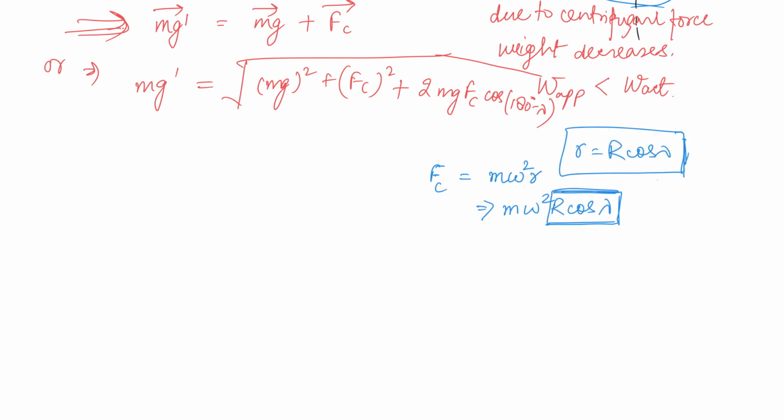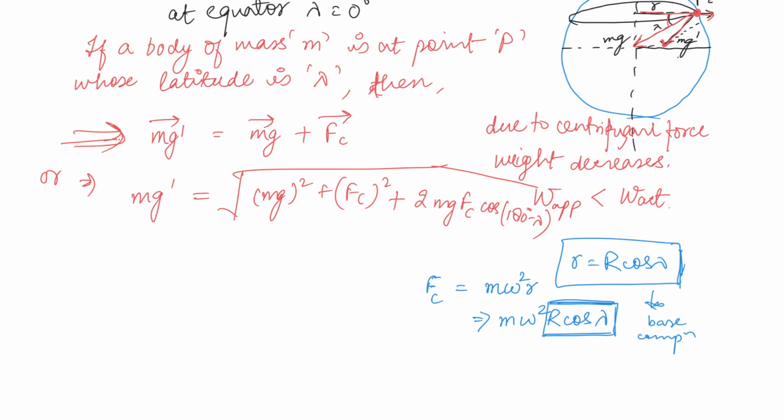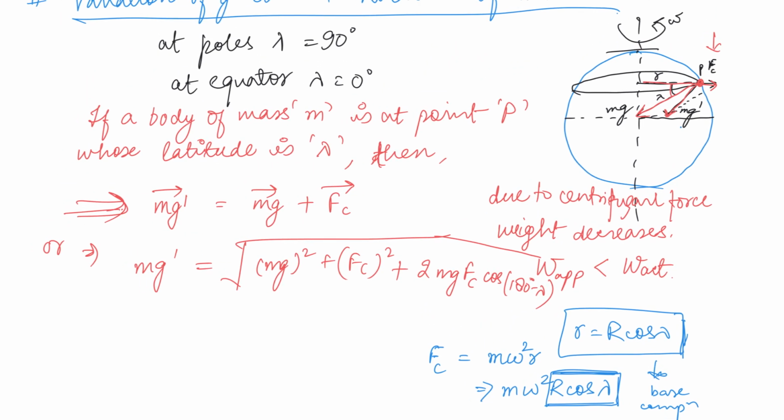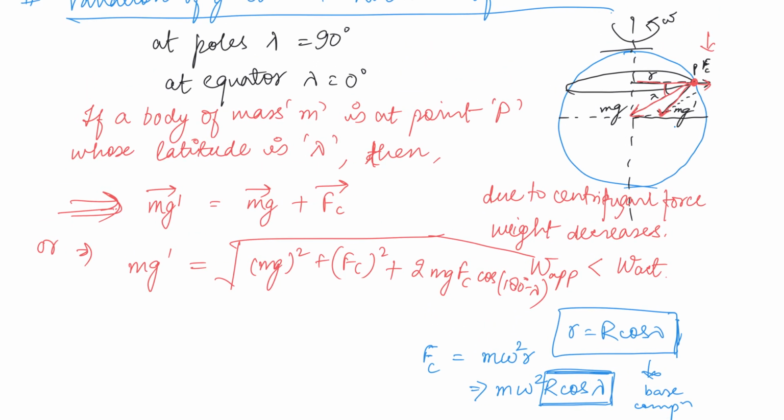That is the base component, or the horizontal component. Since this is r, and here is lambda, the resolution part will be r cos lambda. Okay.